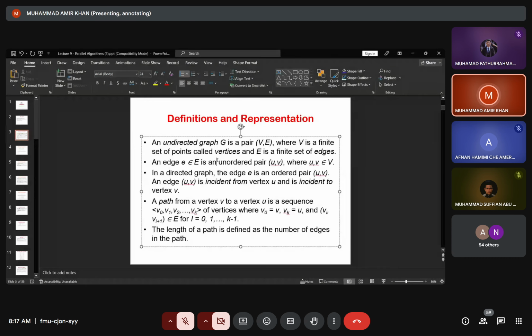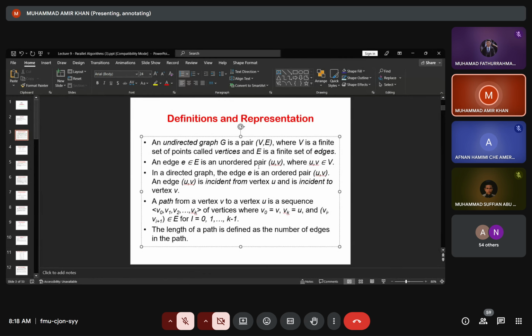V is a finite set of points called vertices, and E is the finite set of edges. An edge, small e, belonging to capital E, is an unordered pair W comma V, where W comma V belongs to V, because V is a vertex.